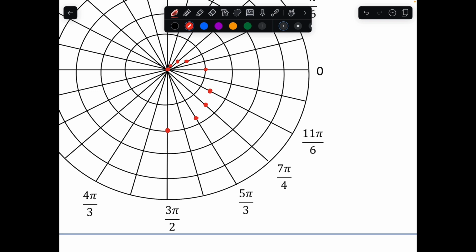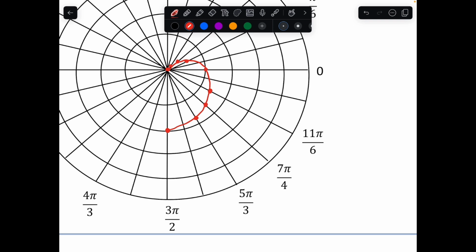We then finish it off by coming back to where we started, right here, at a value of 1 at an angle of 2 pi. Now an angle of 2 pi just means we've gone around the entire circle once, so it's the same angle as 0. If we connect all of these, we're going to get the first part of our cardioid.